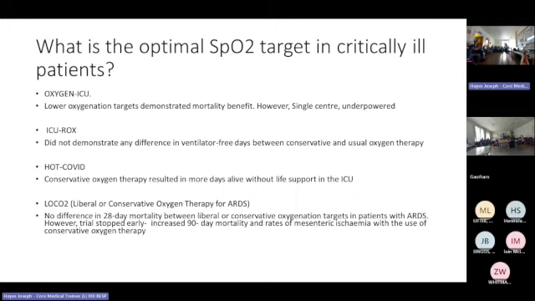In the liberal or conservative oxygen therapy for ARDS trial, there was no difference in 28-day mortality, but the trial was stopped early because there was an increased 90-day mortality and rates of mesenteric ischemia in the conservative oxygen therapy group.